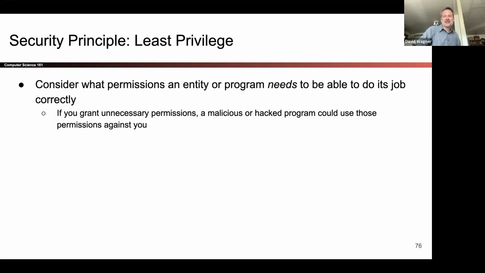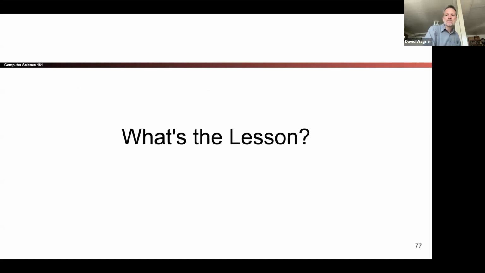Their operating system was designed a decade or two later, and they do a much better job of following the principle of least privilege. And so it's actually a lot less risky to download a mobile app from someone you've never heard of than it is to download a desktop app from someone you've never heard of. So mobile phones learned the lesson of least privilege in a way that desktops didn't.